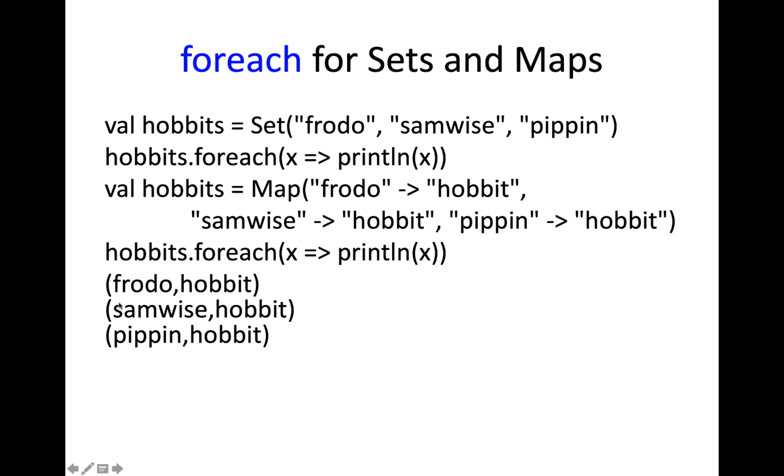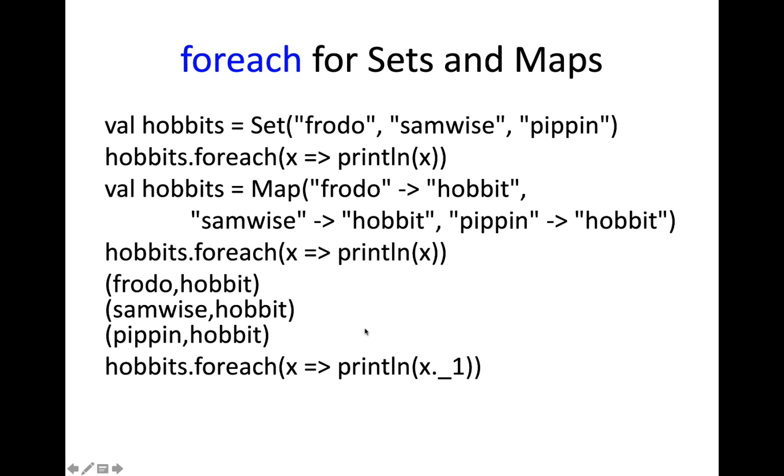So this key value pair will be printed when this anonymous function is applied to it. Then this anonymous function will be applied to the second key value pair, and this will be printed. And similarly, this anonymous function will be applied to the third key value pair, and this key value pair will be printed. Okay.